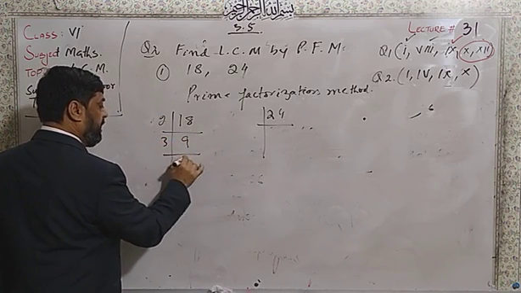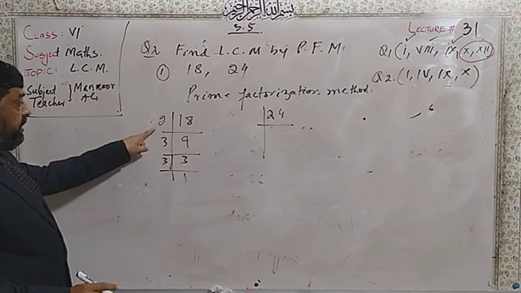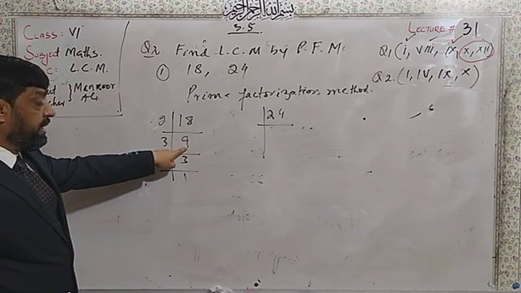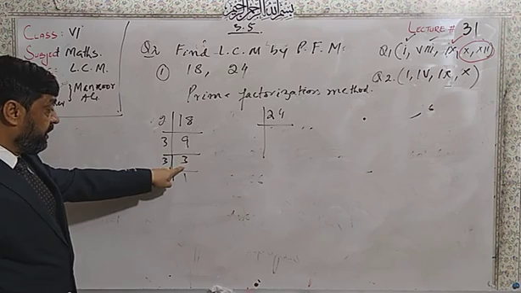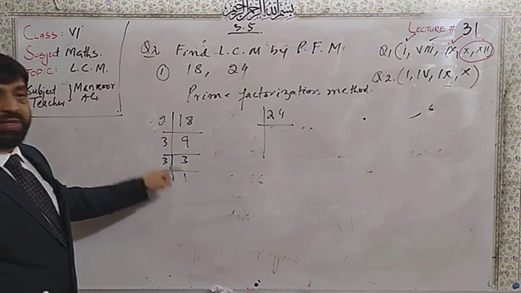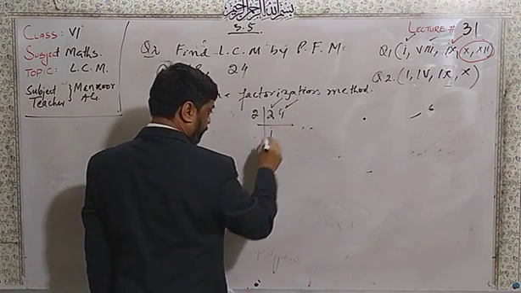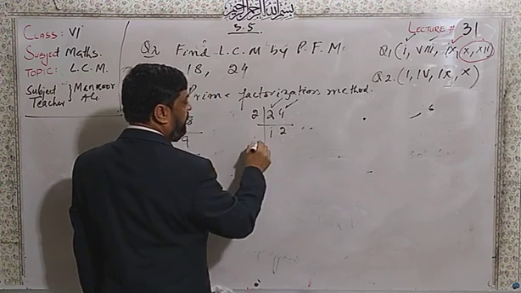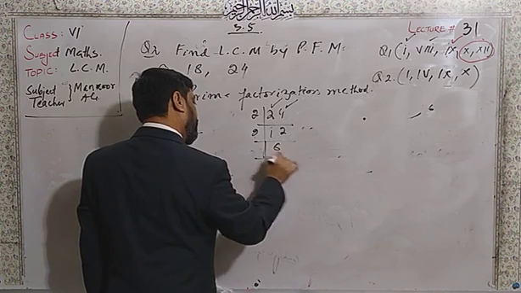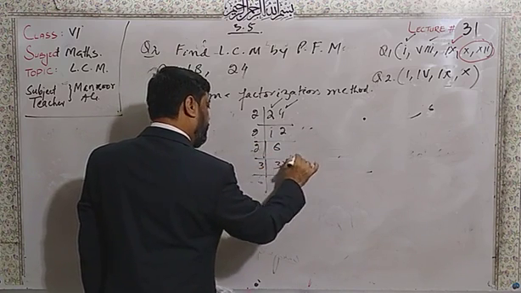Then 3 on 9, 3 times, because 2 is not possible. Then 3 on 3, 1 time. Now again for 24, 2 on 24, 12 times. 2 on 12, 6 times. Then 2 on 6, 3 times. Then 3 on 3, 1 time.